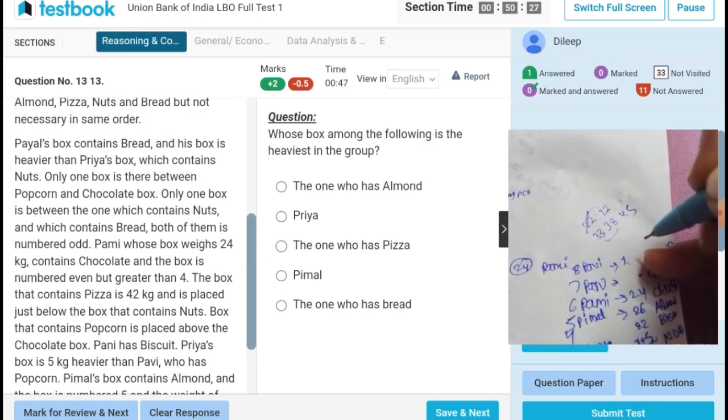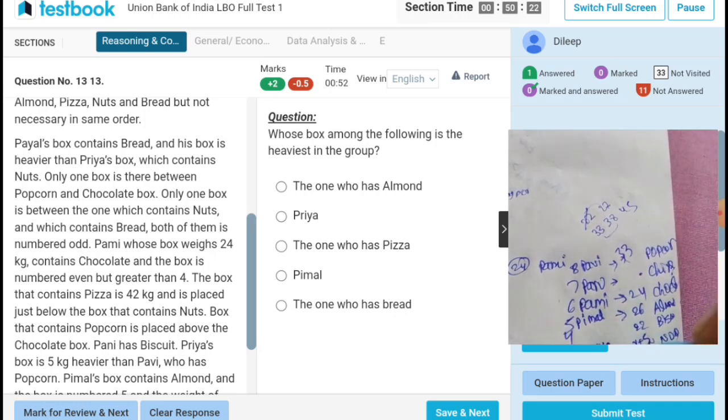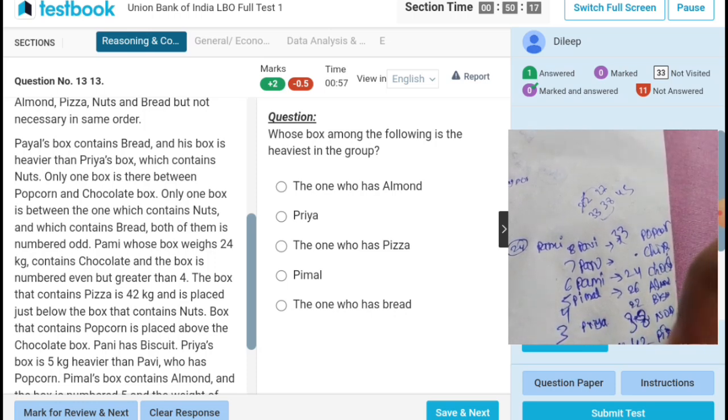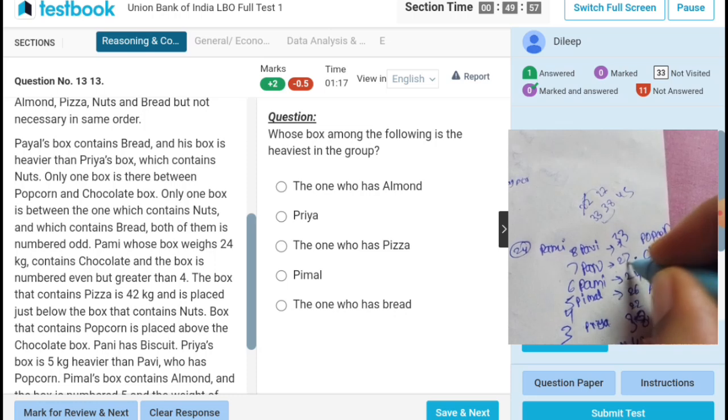22 is already over, and 33, 38. 27, 45. So Payal, bread, heavier than Priya, I think 45 and 27.